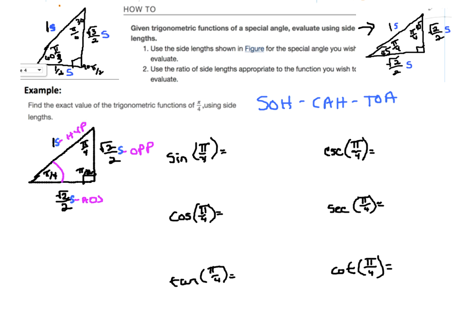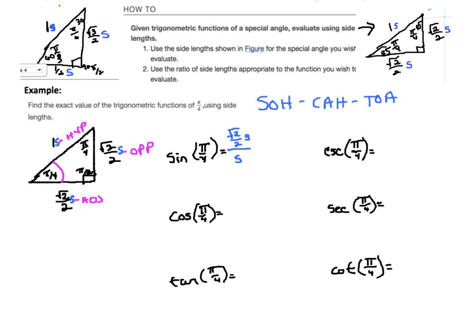Okay, so sine is opposite over hypotenuse. So here, my opposite side is square root 2 over 2 times s. And I'm dividing that by the hypotenuse, which is 1s. So that's just s.